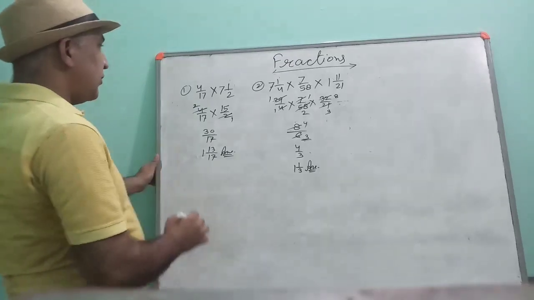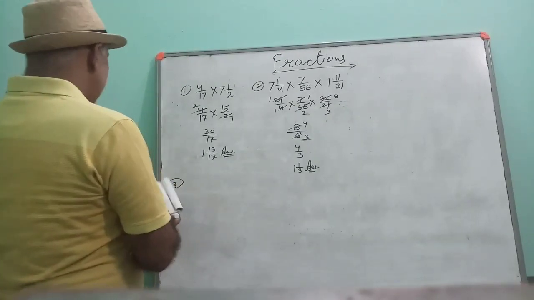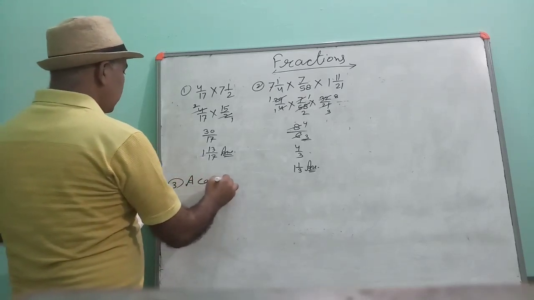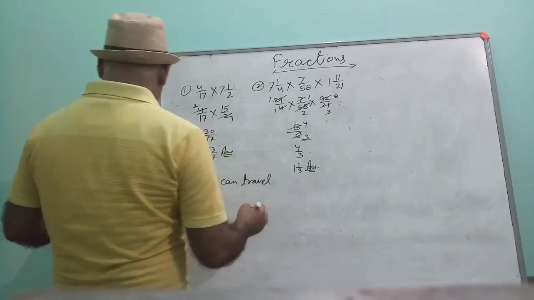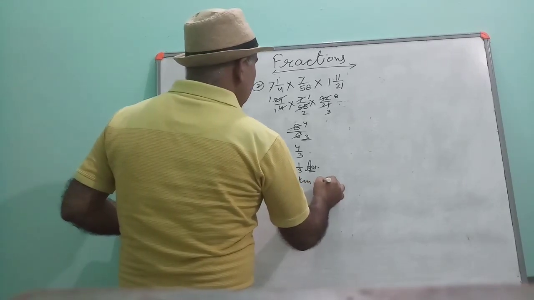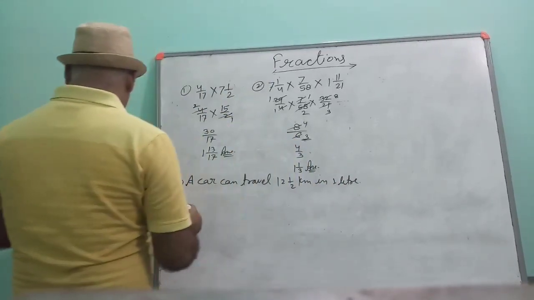Understood? Now see the third question, which is a word problem. The question is, a car can travel 12.5 kilometers in 1 liter.